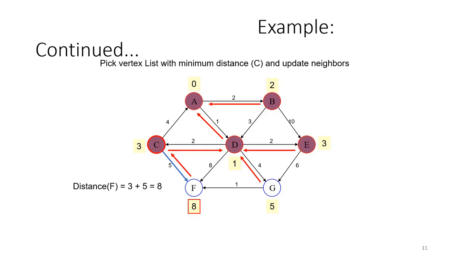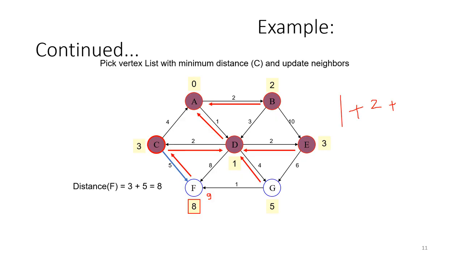Now after knowing C, can any distance be updated? Initially we have F at 9, because we were traveling from A to D and D to F, and that was 9. Now after knowing C, I can go from A to D, D to C, and C to F. A to D takes 1 unit, D to C takes 2 units, so A to C is 3, plus this 5.